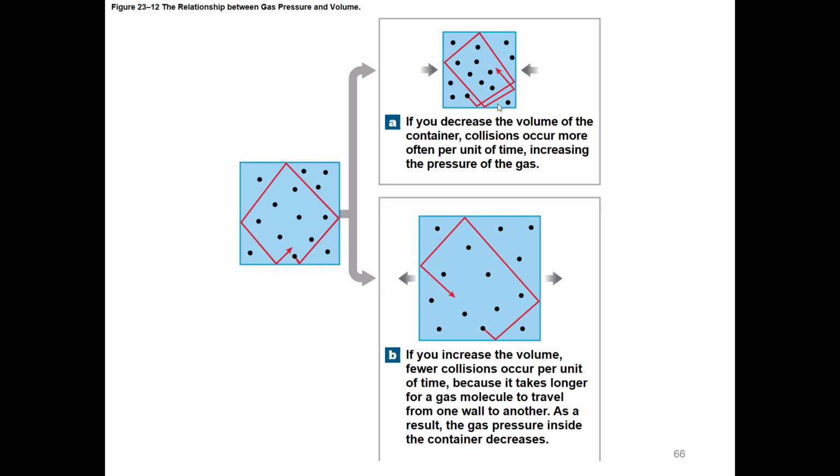This is going to increase the pressure of the gas. If you increase the volume, so we make the space larger, the gas molecules have more room, so fewer collisions will happen. And because of that, the gas pressure inside the container will go down.